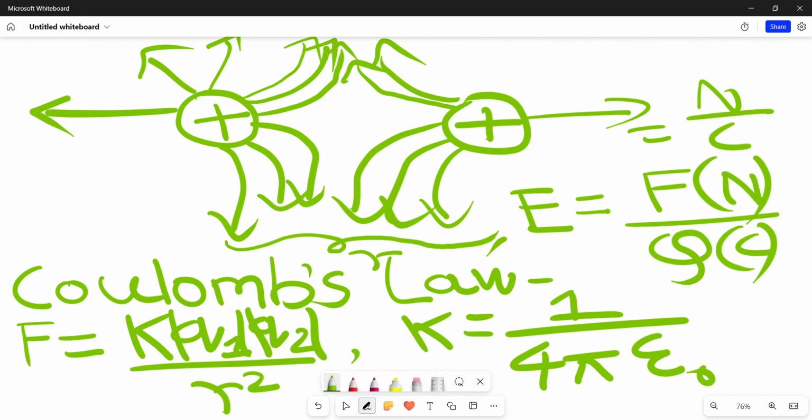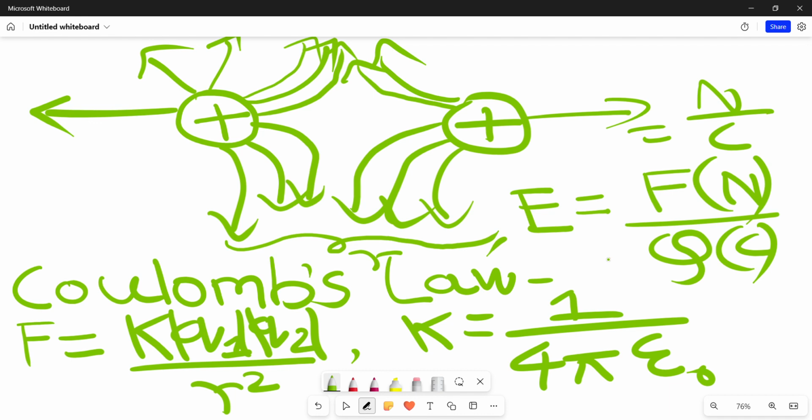Force per coulomb of charge. That is E field, right? So that is where E field comes from. And talking about forces, we get the force formula from Coulomb's law.